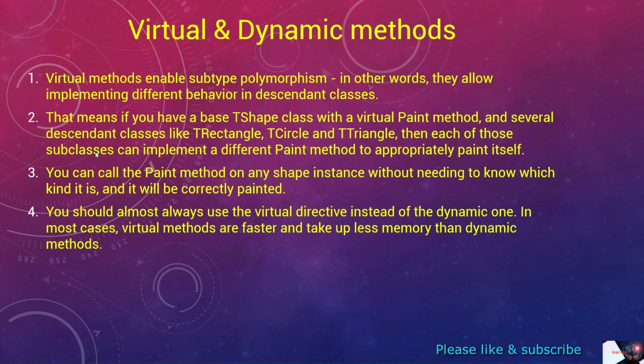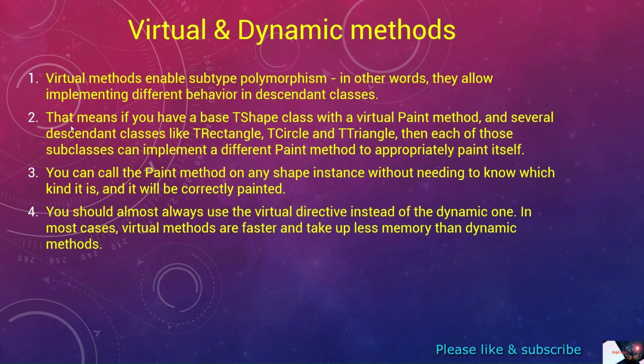then each of these subclasses can implement a different Paint method to appropriately paint itself. In the rectangle, the paint definition will be different. In circle, the paint definition will be separate. In triangle, the paint logic will be different because the triangle is painted in a different way.